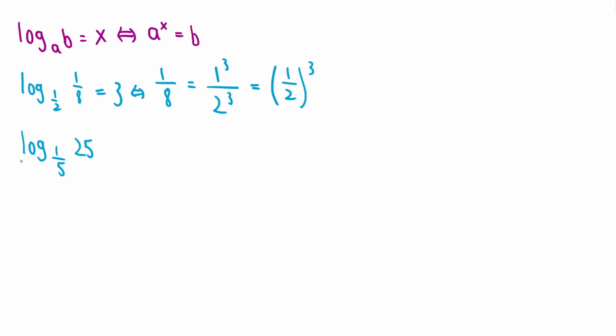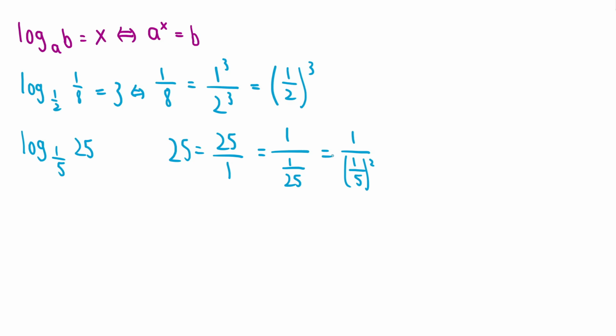So what about something like log base 1/5 of 25? Well, we can think of 25 as 25 over 1, and then we can divide both the numerator and denominator by 25. So we end up with 1 over 1/25. Well, the 1/25 in the denominator can be thought of as 1/5 squared.